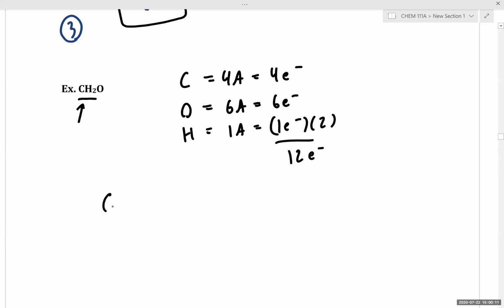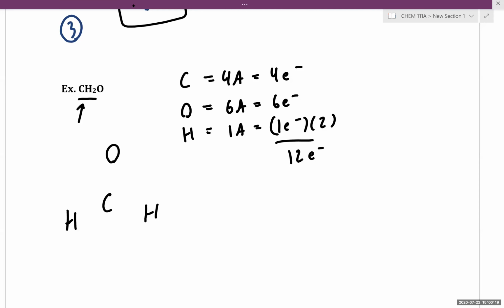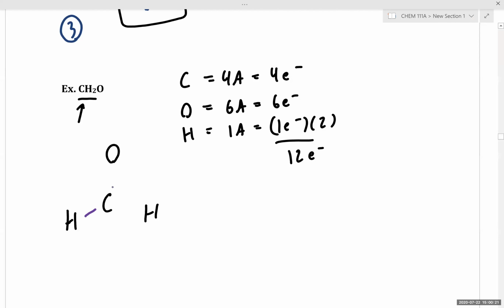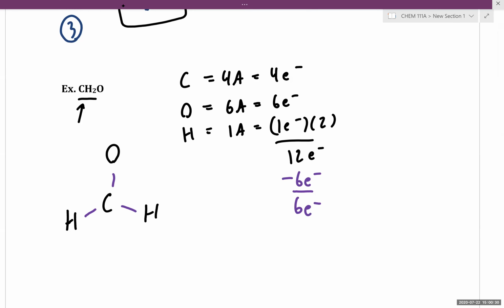Carbon, yep, exactly right. So carbon is the central atom. We're going to surround it with our remaining atoms. Then, following our procedure, we're going to form 1 bond each. We formed 3 bonds, so we used up 6 electrons. We have 6 electrons remaining.